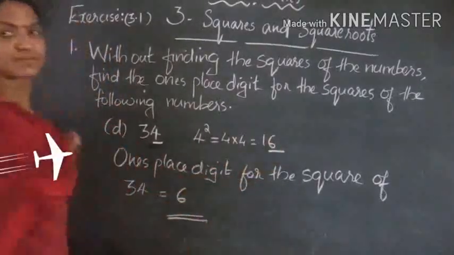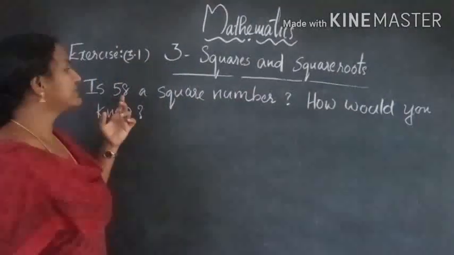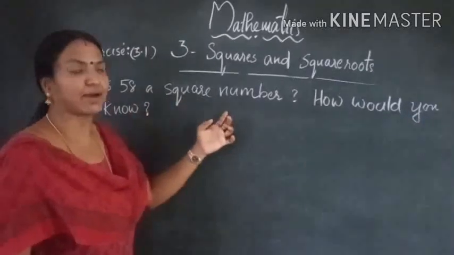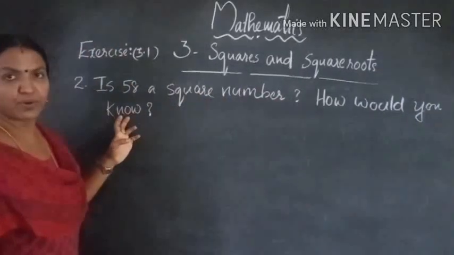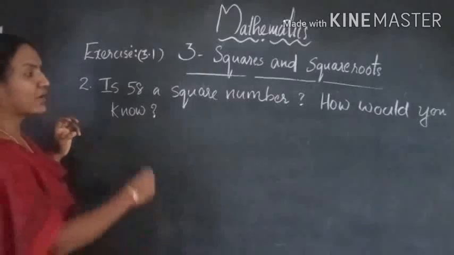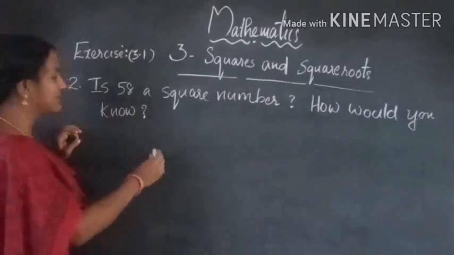Second question, is 58 a square number? How do you know?